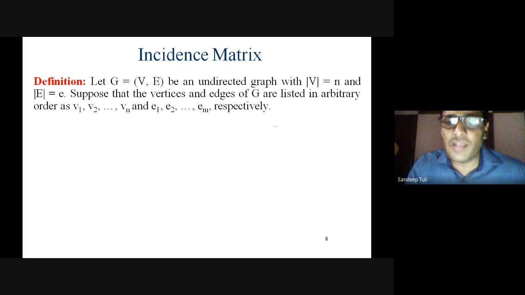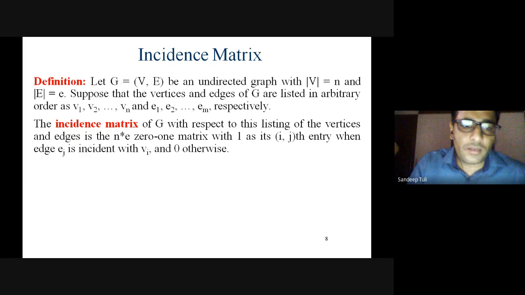It means a total of n vertices are there and a total of e edges. Suppose we suppose that the vertices and edges of the graph are listed in an arbitrary order as V1 to Vn and E1 to Em respectively. Now the incidence matrix of the graph with respect to the above listing will be a matrix of the order n cross E.